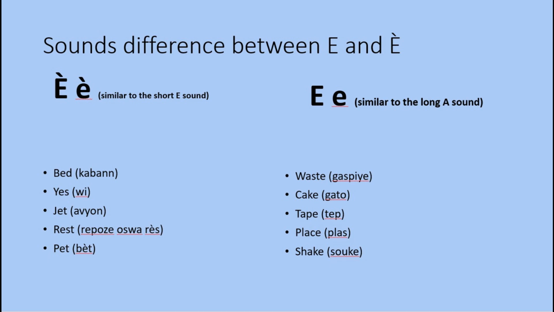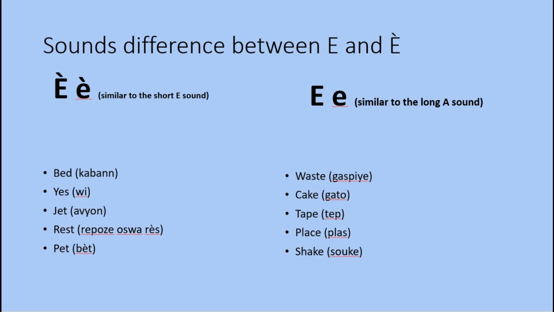So you would have waist, cake, tape, place, shake. Like all those have the A sound. So when you have the E without the accent, then you pronounce it as A. When it has the accent, it's E. You see the difference? E and A, right?